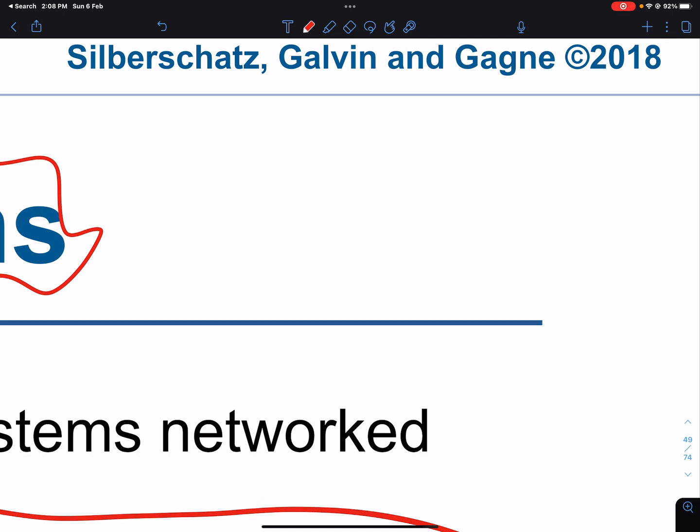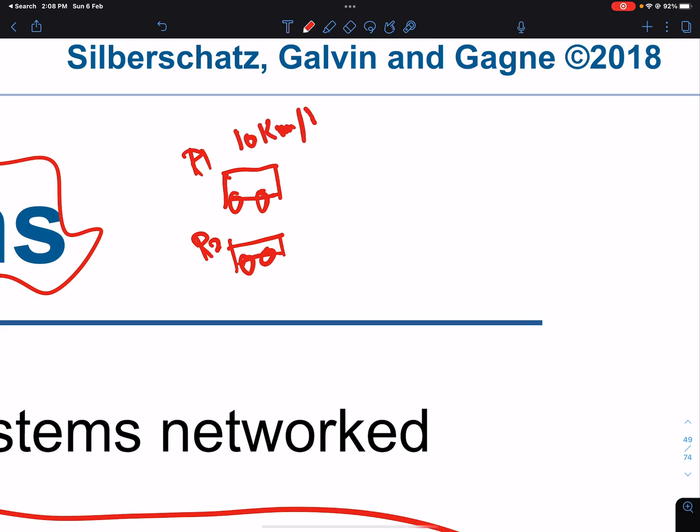Imagine that we have two robots, robot 1 and robot 2. Robot 1 moves with the speed of 10 kilometers per hour. Robot 2 moves with the speed of 20 kilometers per hour.